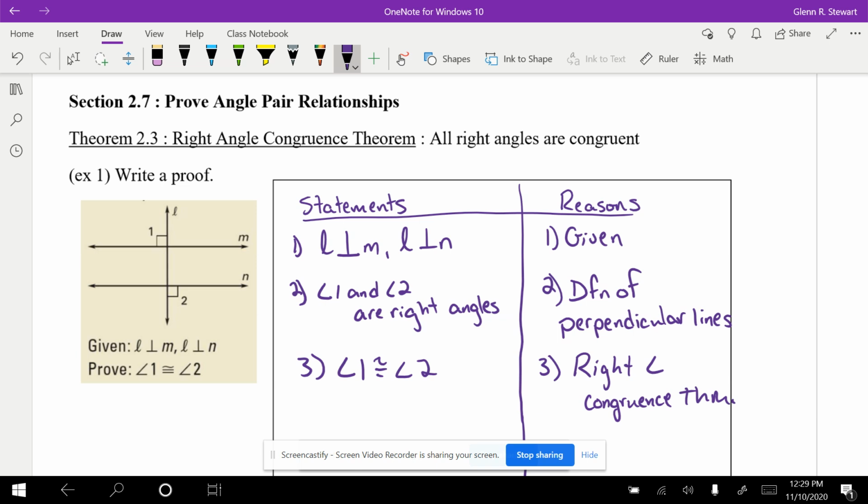That's what makes the right angle congruence theorem so nice: once we know they're perpendicular, and we've stated that it was because of the definition of perpendicular lines that those are right angles, then we can jump right into the right angle congruence theorem. Notice how every reason literally looks at the previous step and previous statement in order to get the definitions. The chart of all the definitions and reasons that I gave you still holds true to 2.7, and it will also hold true to Unit 3 as well.